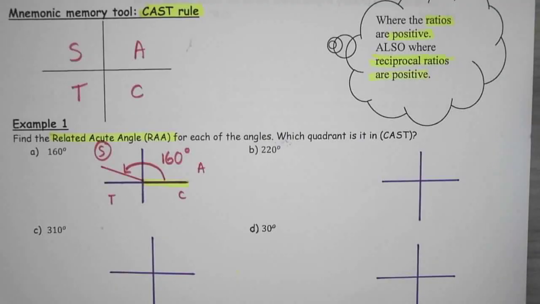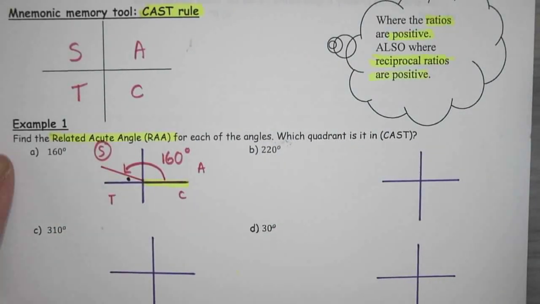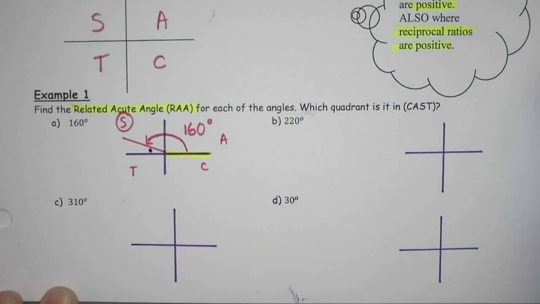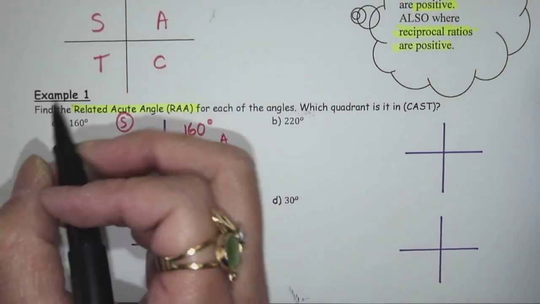But what's the related acute angle? So please tell me what is the related acute angle. Related acute angle is this little guy here. Sorry, just getting another color. So this one here is the little angle between the terminal arm and my x-axis. I frequently call it beta.